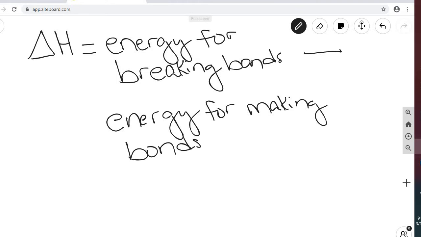Okay, so this is energy for breaking the bonds minus the energy for forming the bonds.